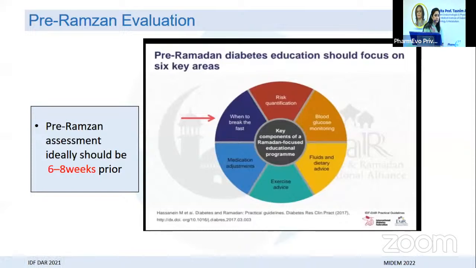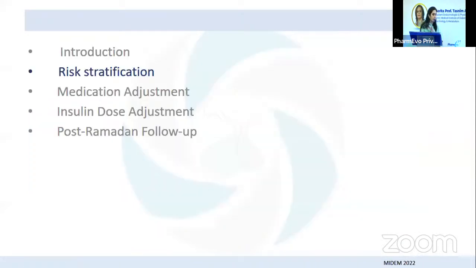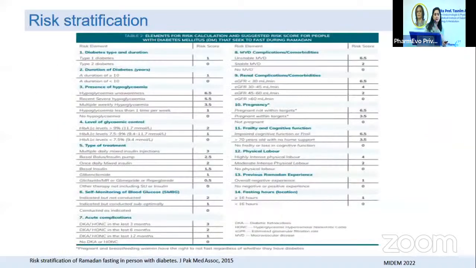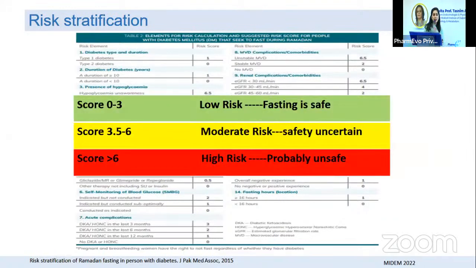So risk stratification, I will not go into the details of this. Dr. Yahya has already mentioned all these. Whenever there is a score of 0 to 3, the patient is falling in low risk, and fasting is safe. Although the highlight of today's session is that fasting is not really safe in all kinds of diabetic patients. It is an individualized assessment, and an individualized plan should be given to the patients.